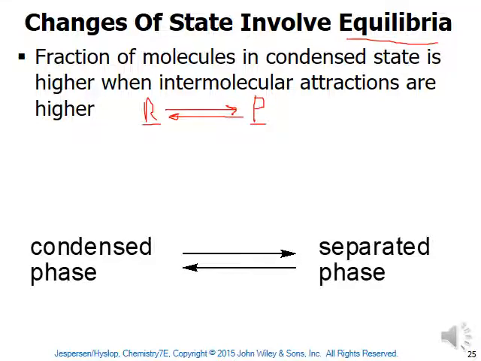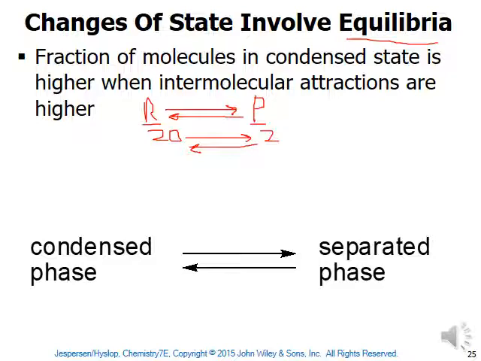It just means that the rate of making P is going to be the rate of making R. So you might have 20 R's over here and then 2 P's over here. But maybe one R is turning into a P and a P is turning back into an R, and it always has this same ratio. And again, we're going to spend more time talking about what that means.